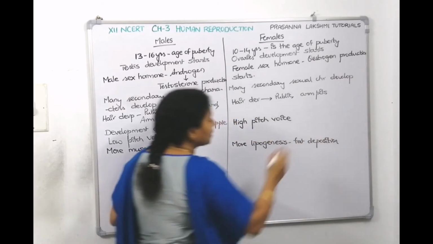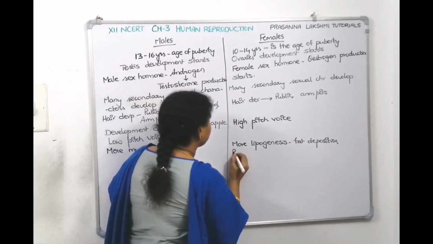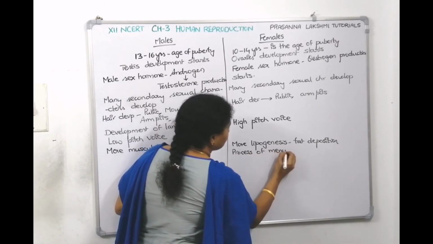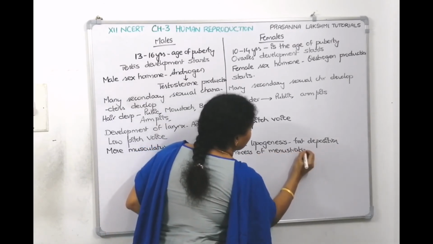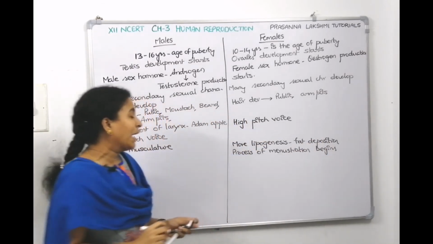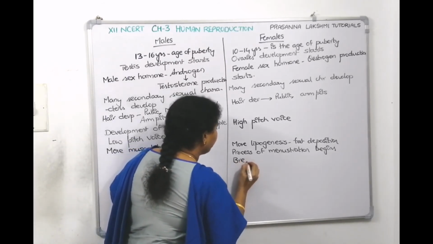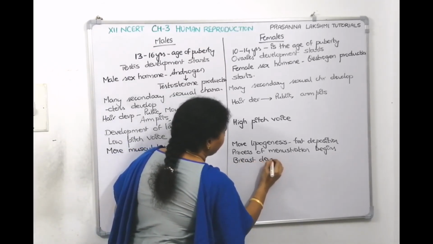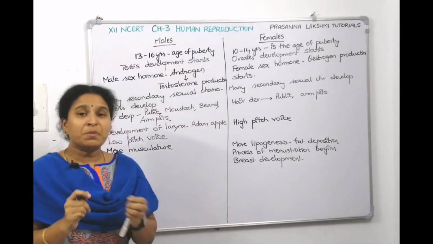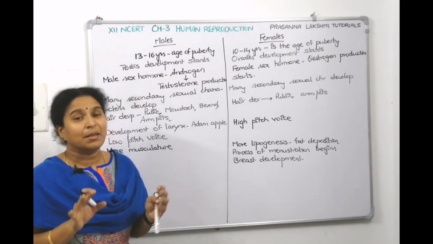Now, in females, at the age of puberty, the menstruation process also starts. The process of menstruation begins, and in females, breast development will happen. And the pelvic region becomes broad because later uterus development and all baby development will happen in the pelvic region.